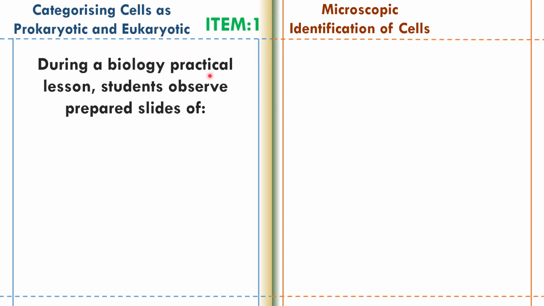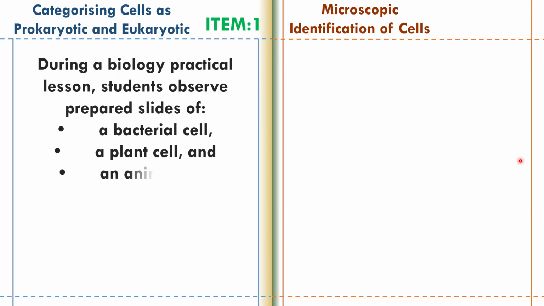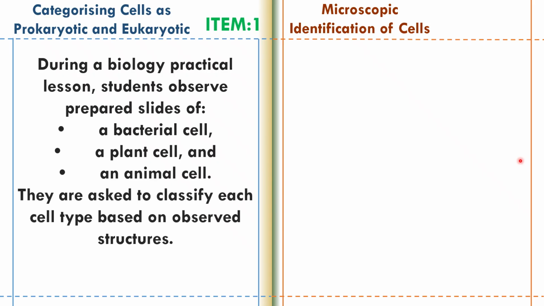During a biology practical lesson, students observe and prepare slides of a bacterial cell, a plant cell, and an animal cell. They are asked to classify each cell type based on observed structure.